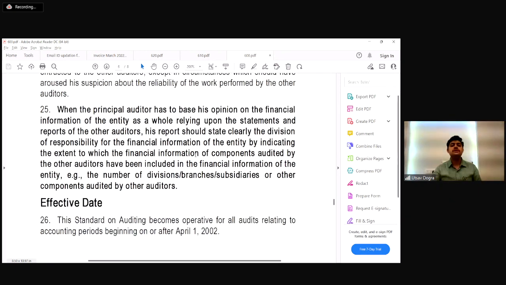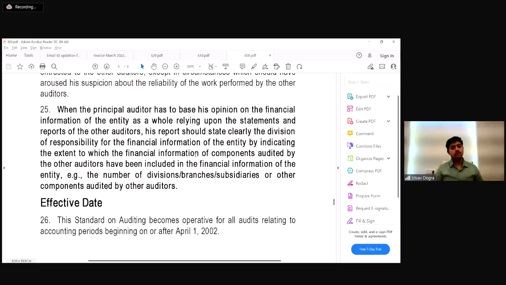So when the principal auditor has to base his opinion on the financial information of the entity as a whole, relying upon the statements and the reports of the other auditor, his report should state clearly the division of responsibility of the financial information of the entity by indicating the extent to which the financial information of the components audited by the other auditor has been included in the financial information of the entity. For example, the number of divisions, branches, subsidiaries, or other components audited by the other auditor.